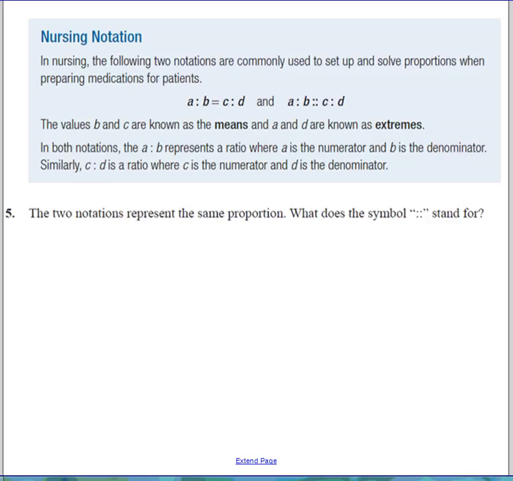In both notations, a compared to b represents a ratio where a is the numerator and b is the denominator, and c compared to d, c would be your numerator and d would be your denominator. So we can see that the double colon is the same as the equal sign, because it's in the same spot with the letters all in identical places.